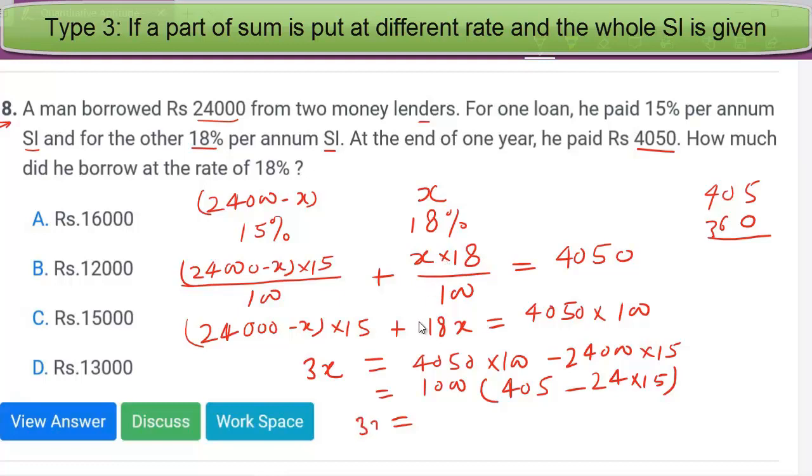So 3X will be 1000 multiplied by 45. In this case you get X equal to 15,000, right? So 15,000 was the amount he borrowed at the interest of 18%. That is what is being asked, how much amount he borrowed at the rate of 18%. So the answer is 15,000.